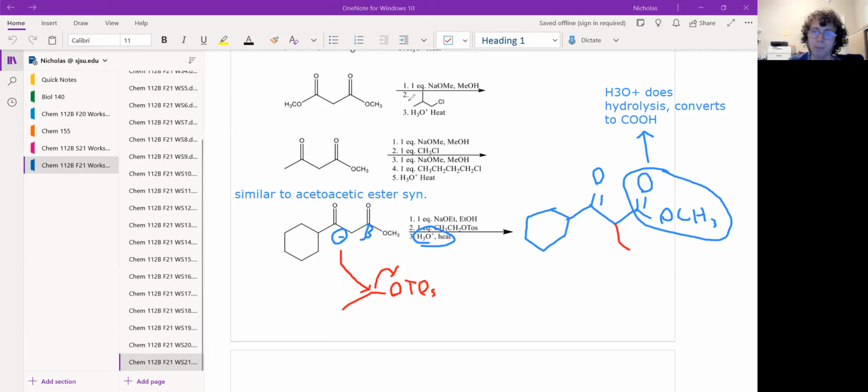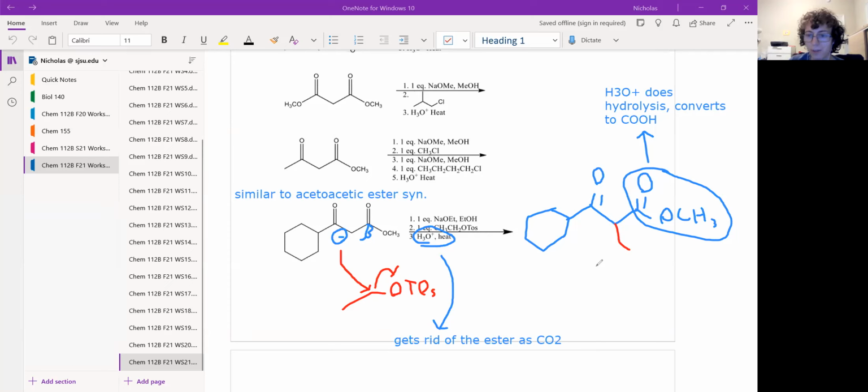And that's what was happening before. I just was not talking about it because I talked about it before, and it would take too long to discuss the details every time. But in summary, H3O plus and heat basically gets rid of the ester as carbon dioxide.